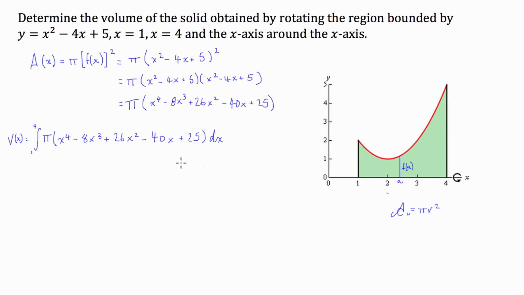Okay, now because pi is a constant, we can put that out the front of the integral so we don't really have to worry ourselves too much about it. So let's do that straight away. Let's get rid of that for a sec. And we'll write this as pi times the integral from 1 to 4 of this thing.